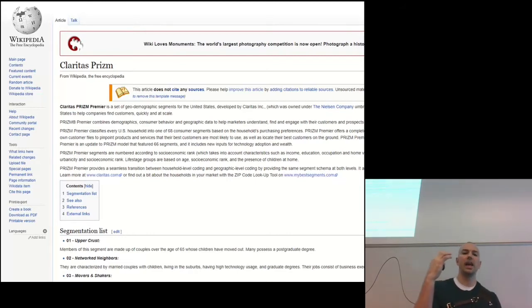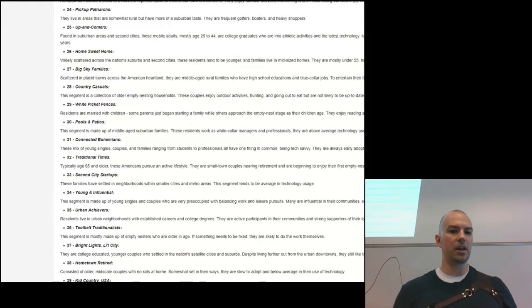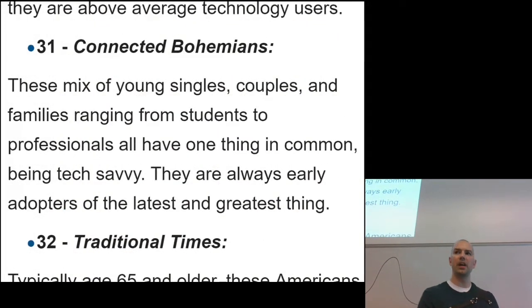So this is a number of different demographics that the Nielsen company has put out that identifies different segments of our population. And she specifically wanted to focus on the group that was called connected bohemians. I didn't even know what connected bohemians were.